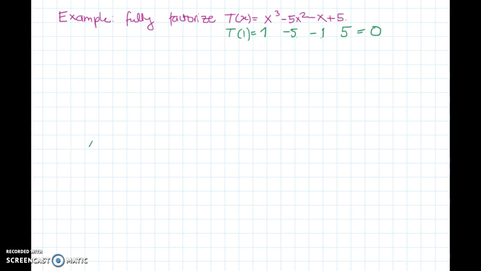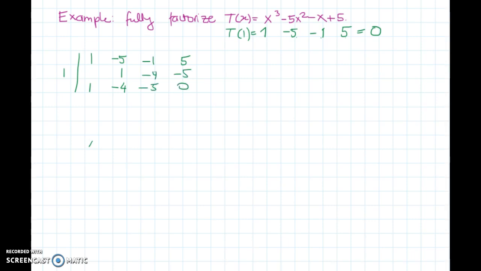So now that we know that x minus 1 is a factor, let's divide our polynomial by x minus 1 by applying synthetic substitution. So we have 1, negative 5, negative 1, and 5 for the coefficients, and we're substituting by 1. So we are going to be left with, I'll do this quickly, you can do it yourself, negative 5, 0.